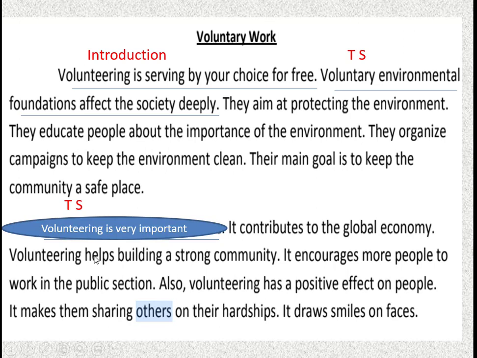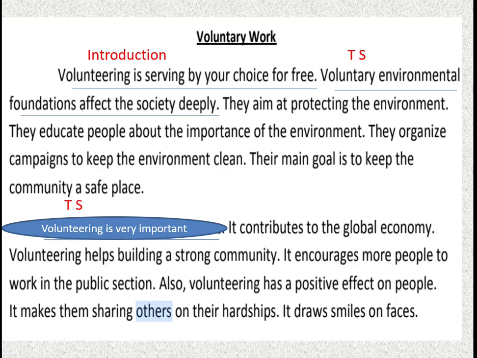In the second paragraph, we start directly with the topic sentence saying volunteering is very important. This is the main idea that is going to be discussed in the second paragraph. It contributes to the global economy. Then I start to add explanation and to give some examples and supporting details.